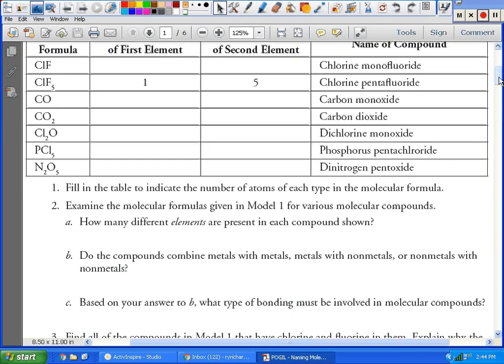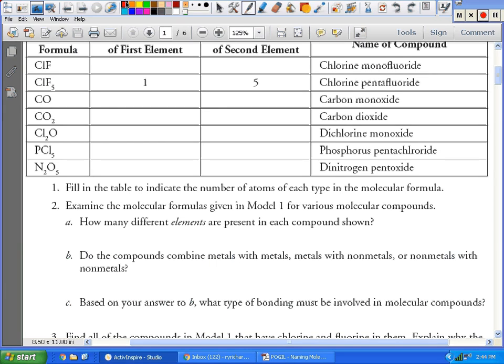Look at the very first word in both of those answers. Is there a difference in either of the first words? No. So far, chlorine fluoride is okay. But then what becomes the major difference in the second word? The prefixes. So we went from mono to penta. So why would monofluoride not be appropriate?